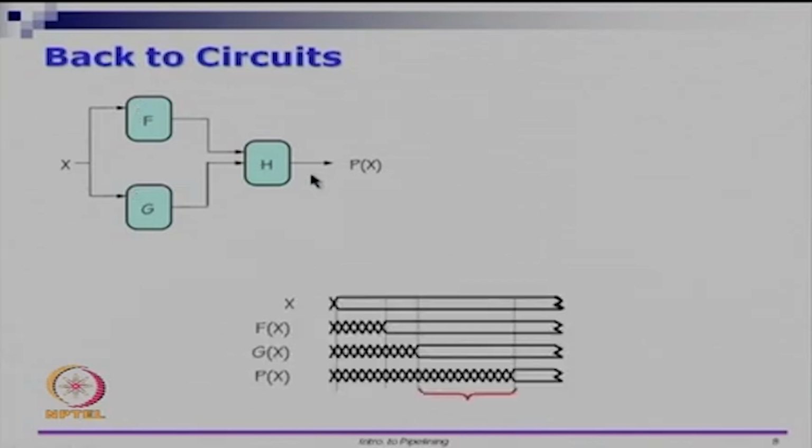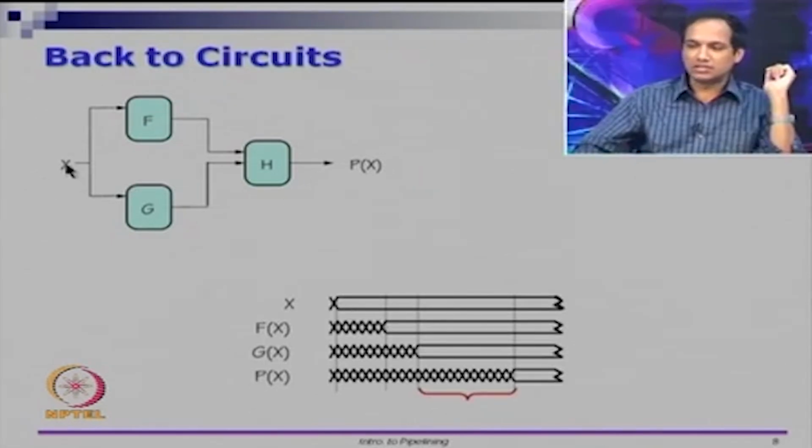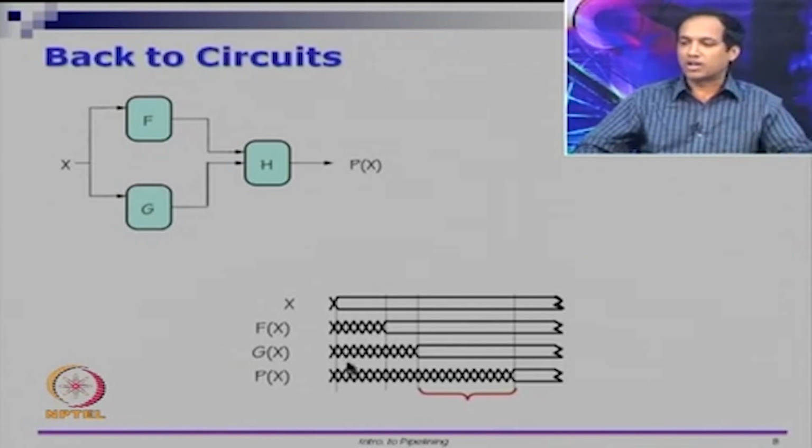Let us see how this whole thing works. So, you provide X, which is an input to this system. F and G are going to take their own time to process X. So, F of X takes some time, and in this example let us assume that this combinational block G is going to take more time.